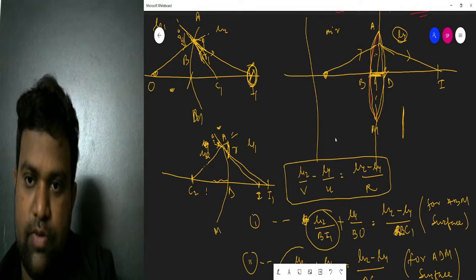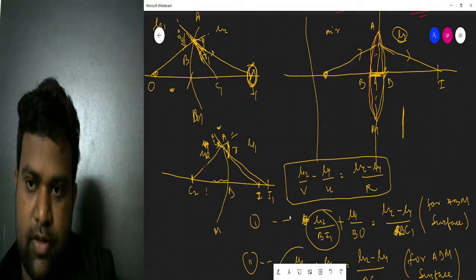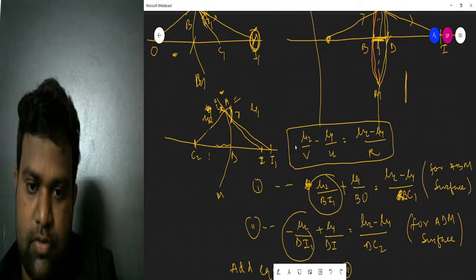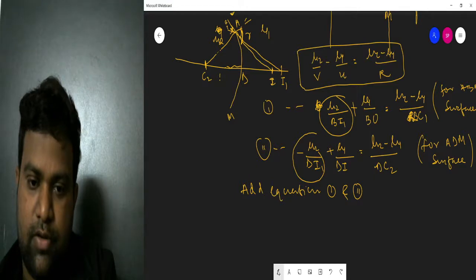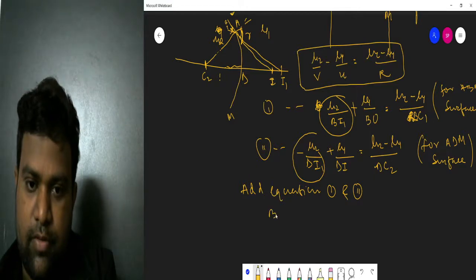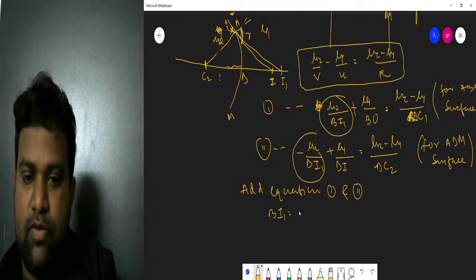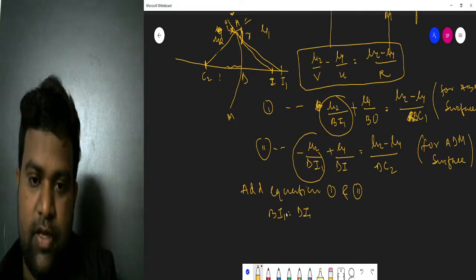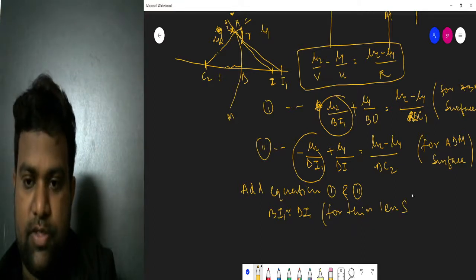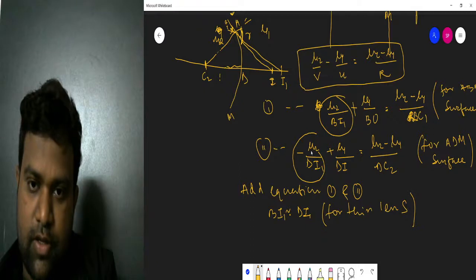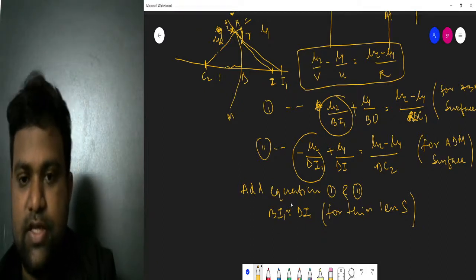Okay, so here you can write BI1 and DI1 are equal, BI1 equal to DI1. B and D are approximately the same point. This is for a thin lens. For a thin lens you can use this approximation. That's why when we add these two terms, BI1 is DI1, so they will cancel each other.